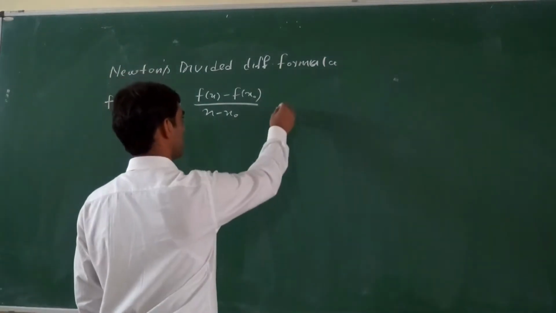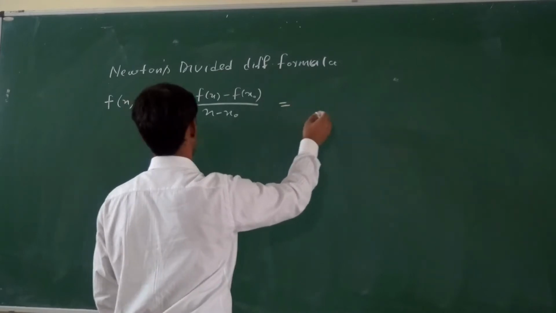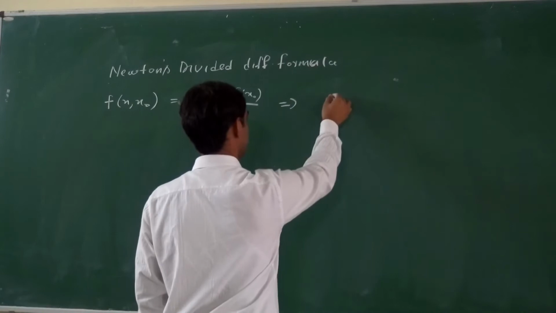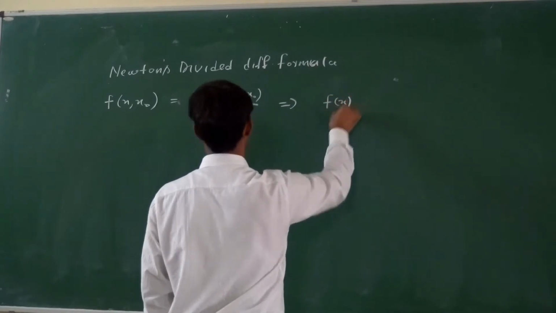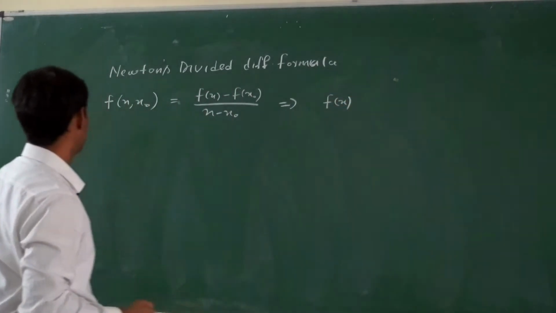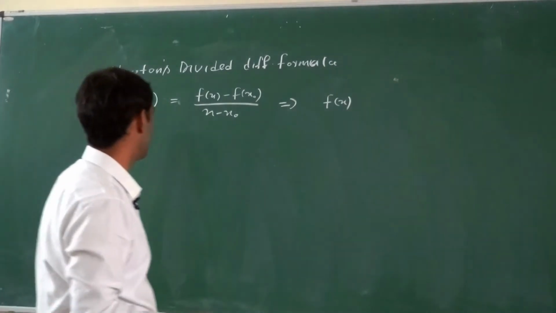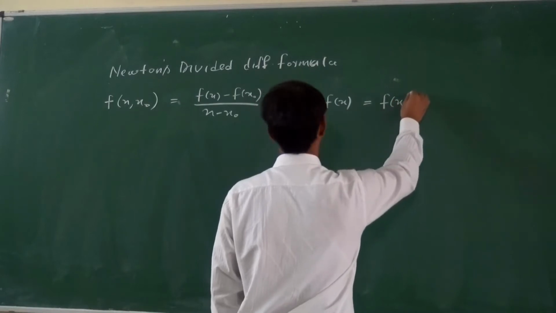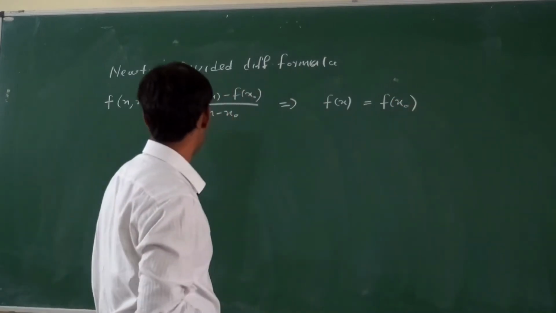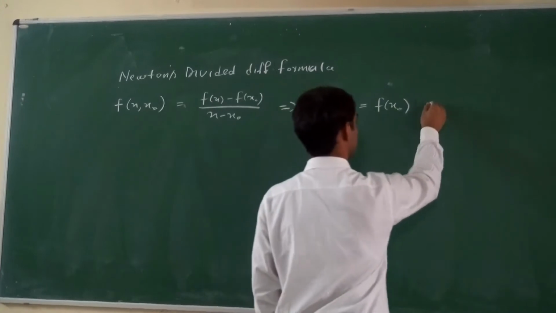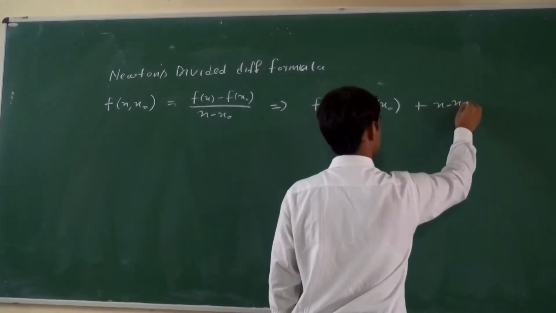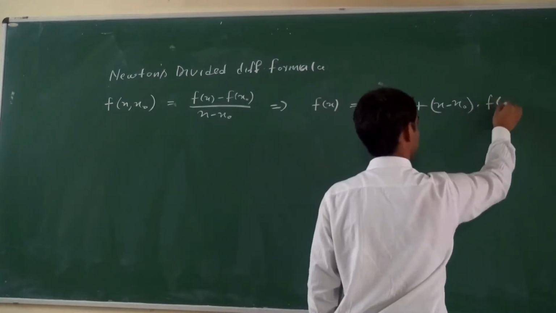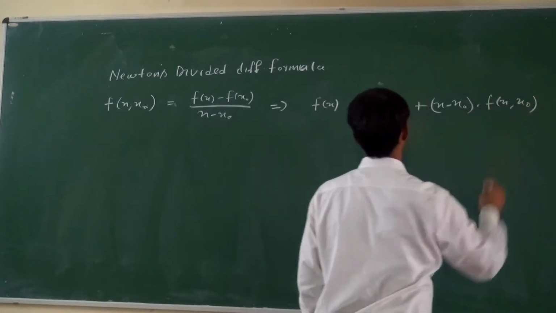Now if we simplify this, what is the value of f(x)? f(x) equals f of x0 plus x minus x0 into f of x, x0.